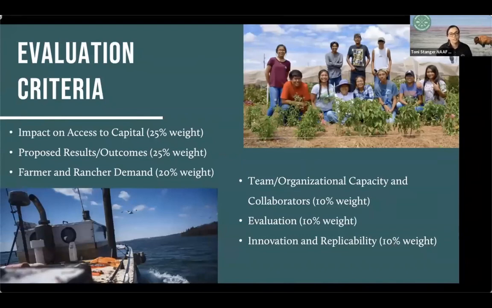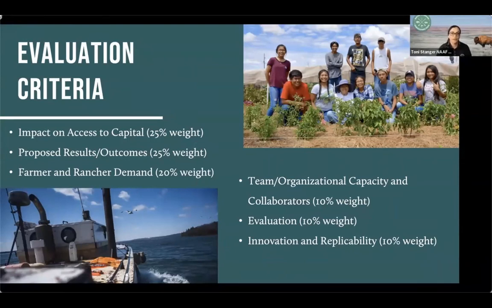So our application criteria, we get this question a lot. In our RFA, we have a table of contents on our website where we answer all of these questions, so you can go directly to the specific page where you can find this information for each eligible entity type.